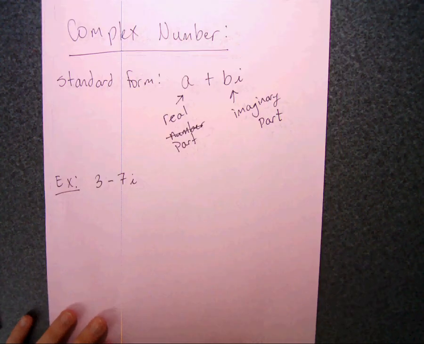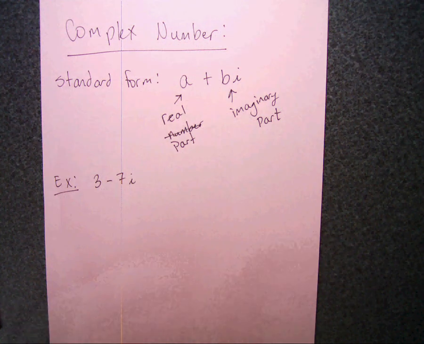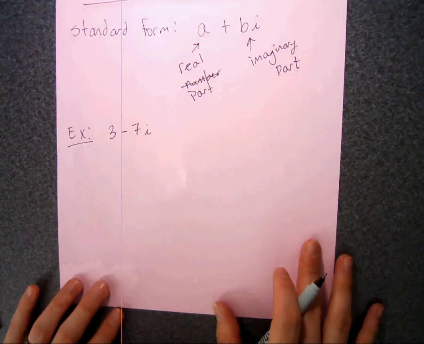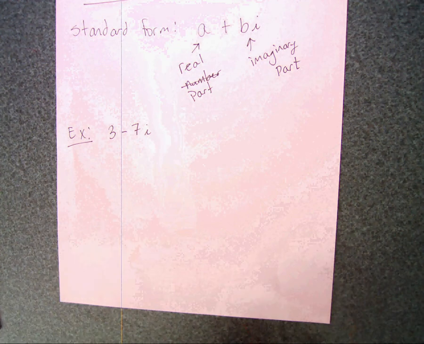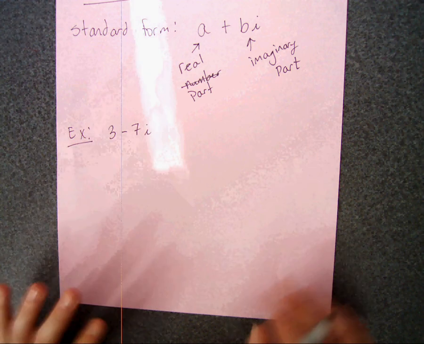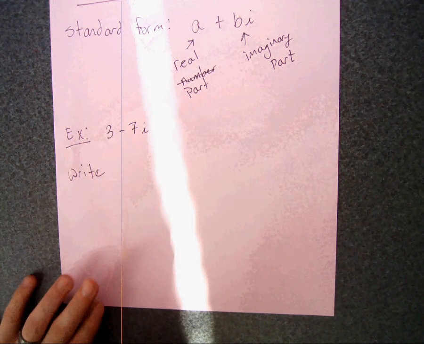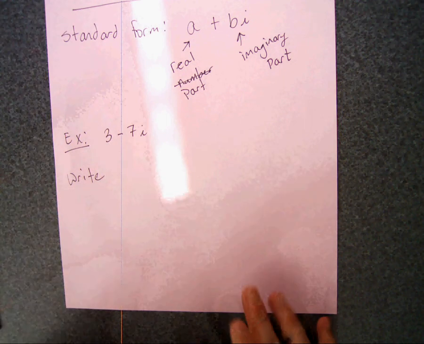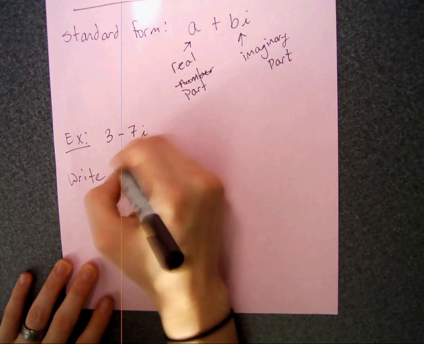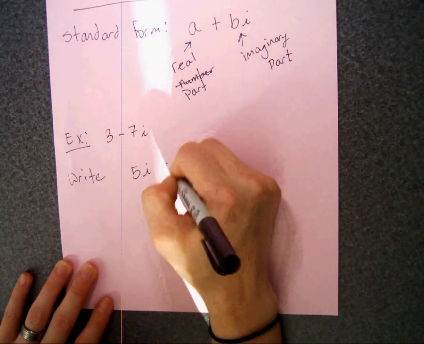Every single number, no matter if it's real or imaginary, can be written in complex form. So let's write some numbers in standard form as a complex number. I want to write the number 5i in standard form. If I want to write this as a complex number in standard form, what part am I missing?